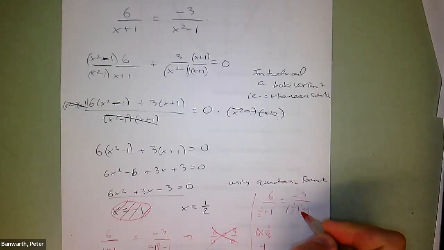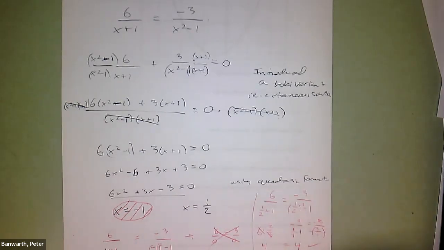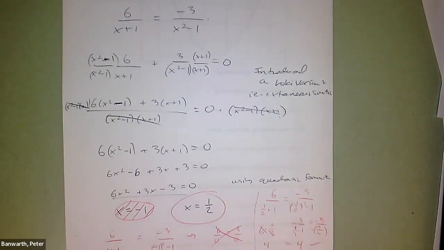Minus 3 over 1/2 squared minus 1 is minus 3 over 1/4 minus 1, which is minus 3 over negative 3/4, which is also 4, and so that works. So we have a solution to our rational equation.